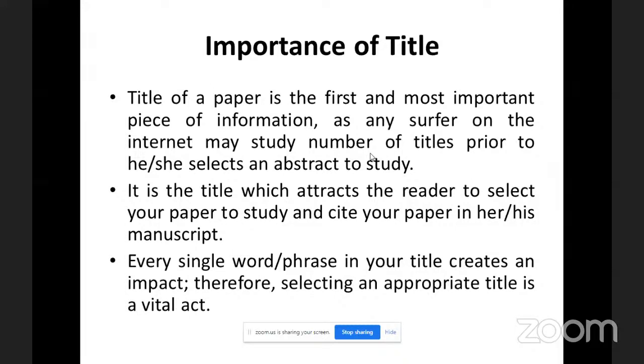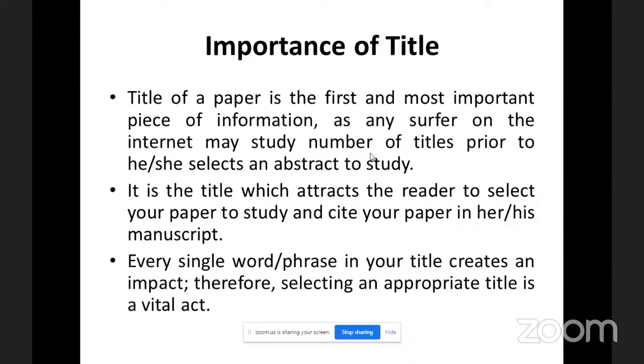Once readers read it, many researchers will cite that paper, so citations will increase, the h-index of that journal will also increase, and that is what a journal wants. Clear or not? That's why they want catchy or attractive titles, which are read by a reader and referred to in their work. So that is an important thing.